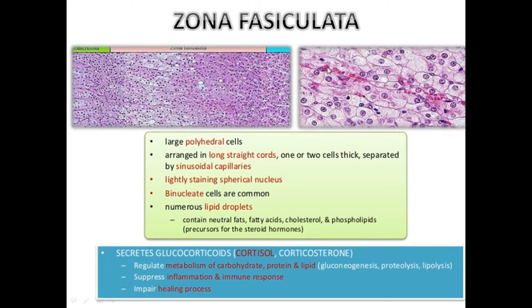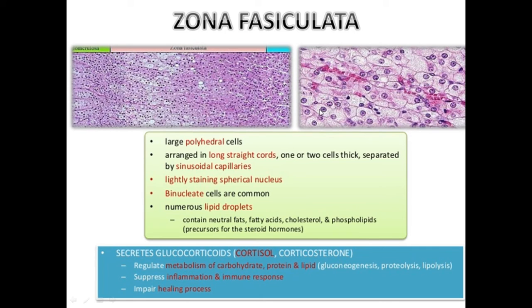Each cellular cord has an adjacent sinusoidal space lined by endothelial cells. The cells are larger compared to the glomerulosa cells and are filled with fat droplets. On H&E staining they appear as clear, shiny, bulging cells, because the cytoplasm of each cell is filled with a large number of fat droplets, which are washed out during H&E staining.